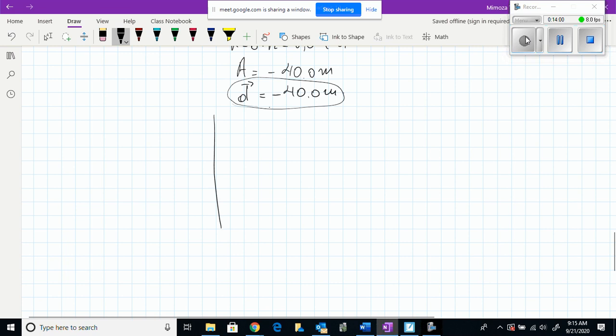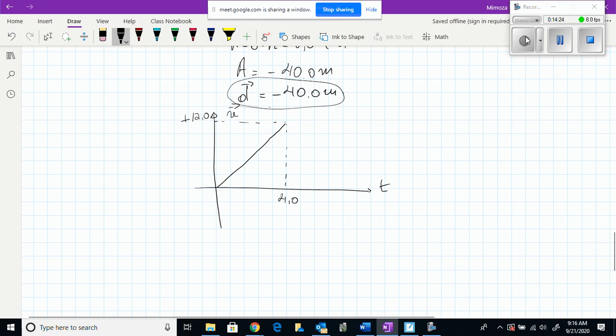So now let's have a more complicated velocity time graph. Let's suppose that we are dealing with a velocity time graph in which the velocity is changing. So let's suppose for 4.0 seconds, the object, starting from rest at 0, goes to positive 12 meters per second.